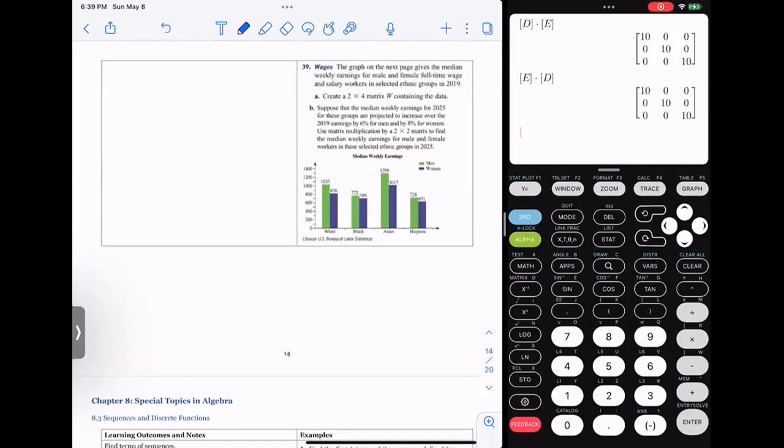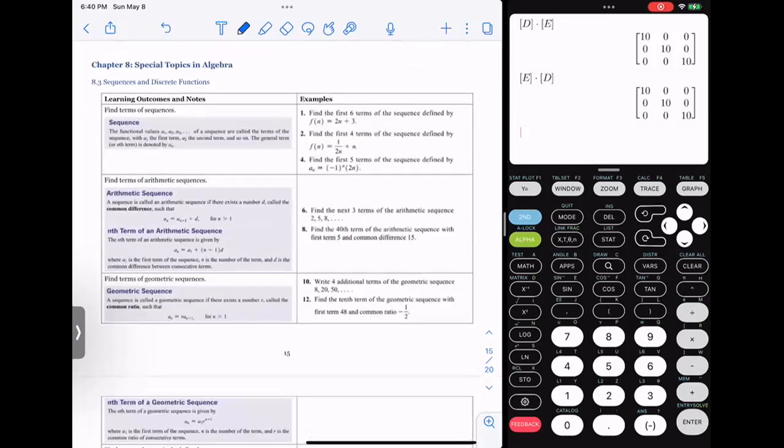All right, what about page 14, number 39? I guess, yeah, so just the rest of chapter 7. All right, then. Let's move on to chapter 8, sequences and discrete functions. Any questions on page 15?